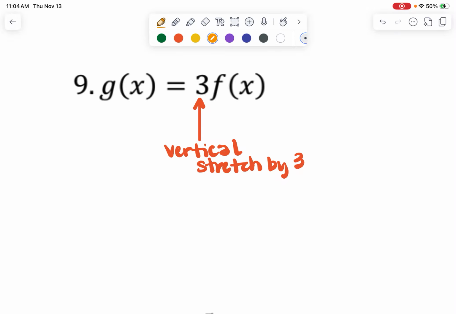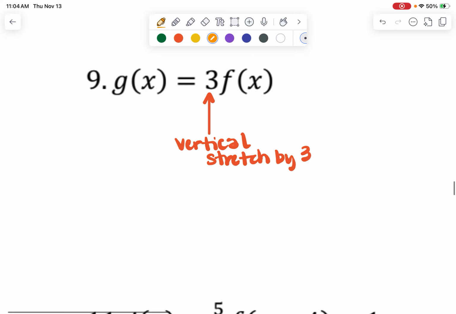Is my parabola getting taller and skinnier, or is it getting wider and fatter? Right? So if I'm vertically stretching it by 3, remember I'm pulling it up, so he only has a natural recourse to be narrower. Right? If I pull something straight up, it has to get skinnier. Okay?